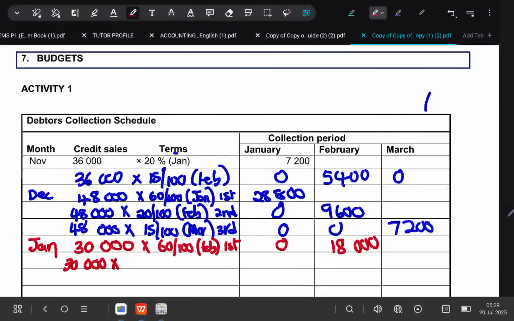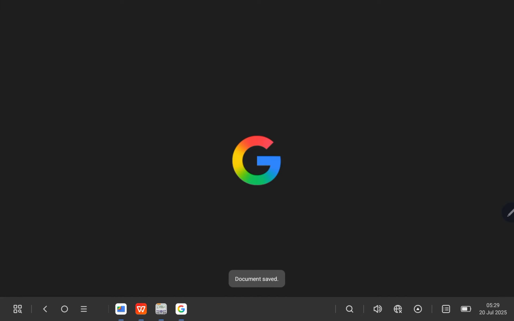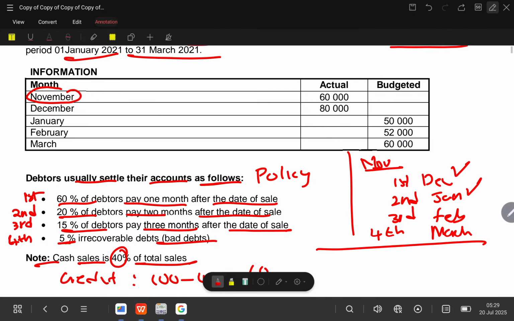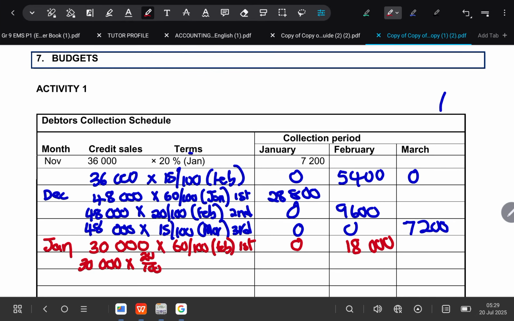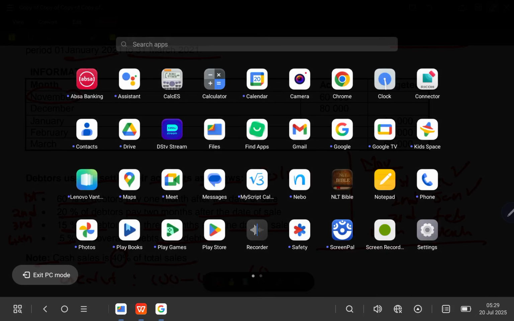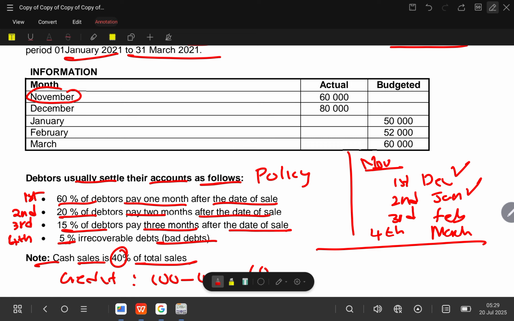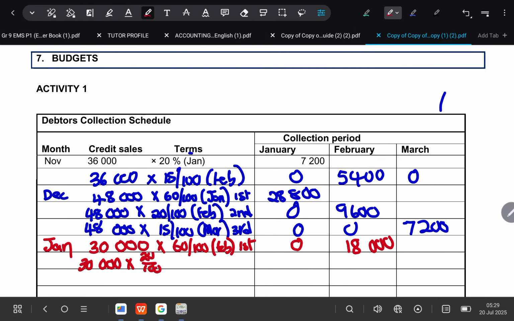We know that this 20% should be collected in the month of March, which will be the second month, right?